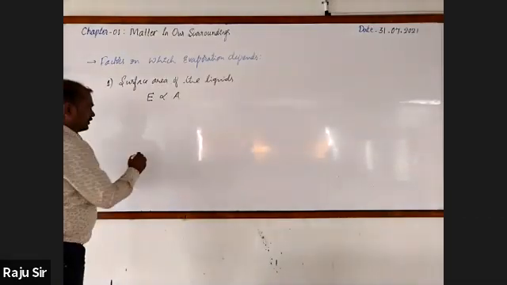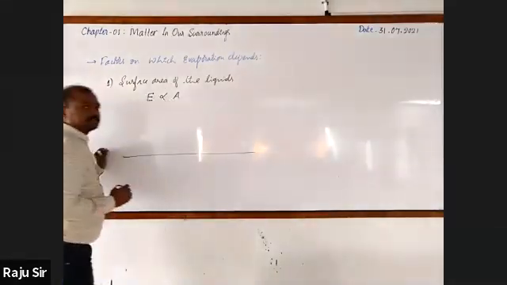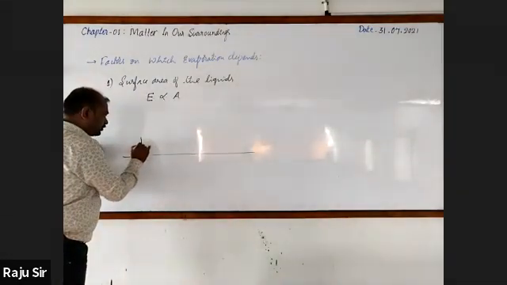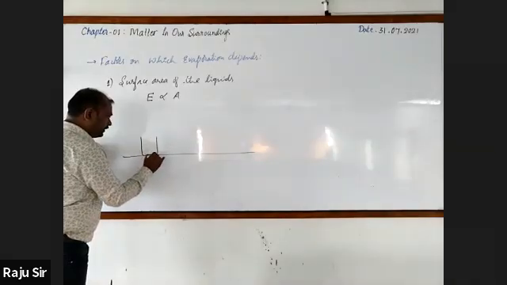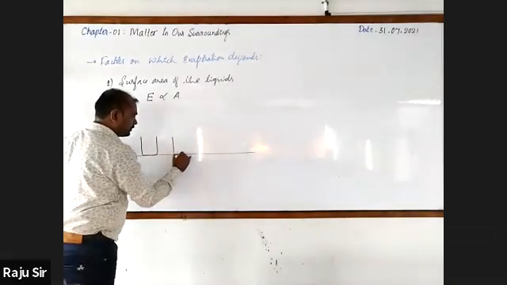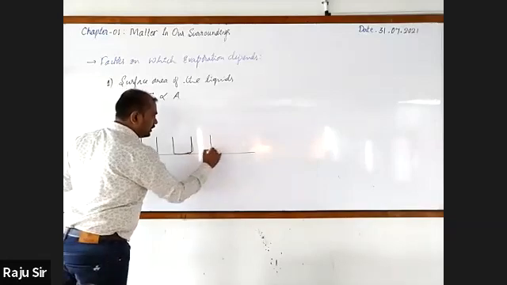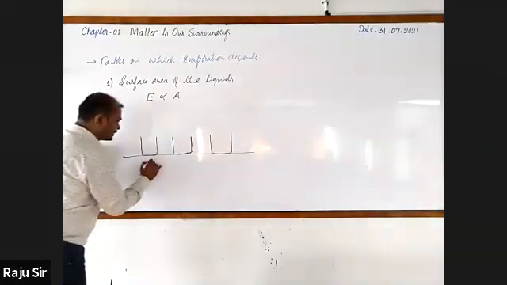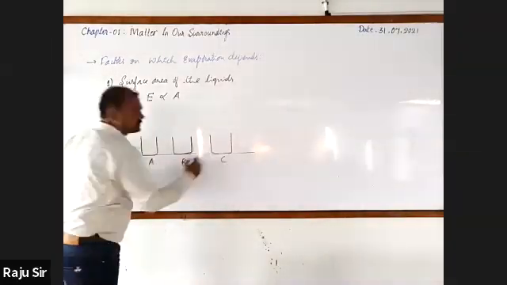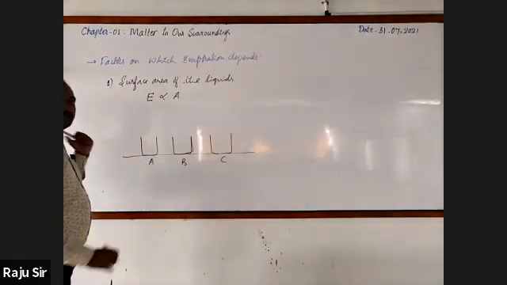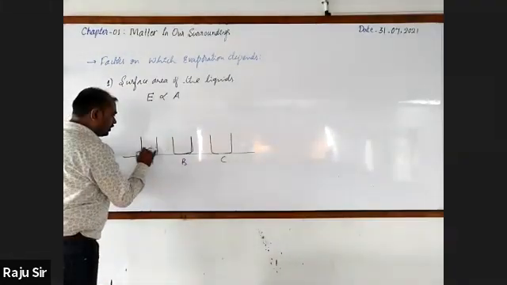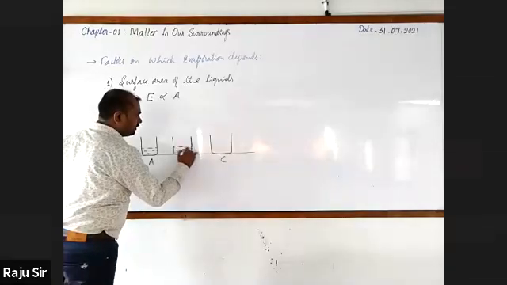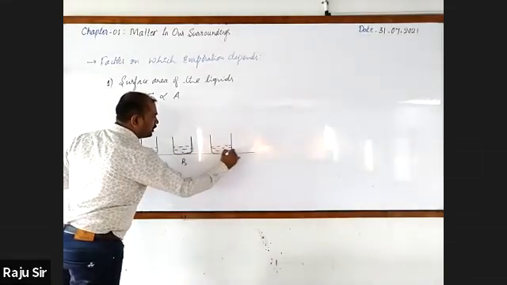Next, observe here. I'm going to take 3 beakers, and let us name these 3 beakers as A, B, and C. In all 3, we are taking the same amount of water.